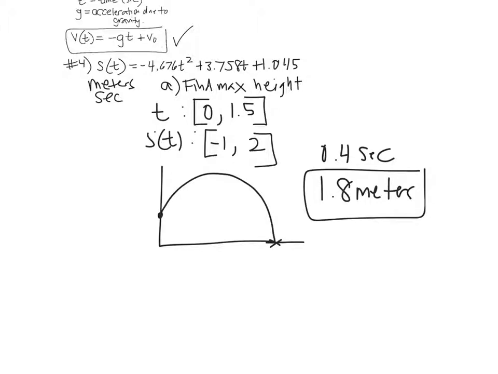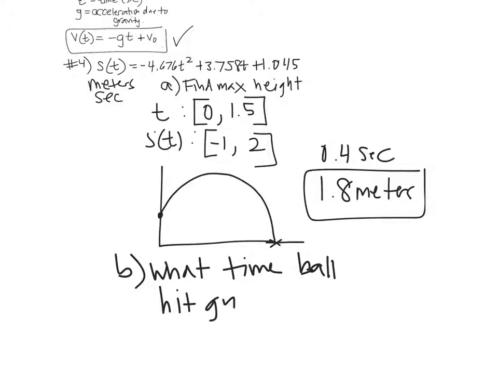Okay, part B. At what time did the ball hit the ground? Now, there's a couple ways to do this problem. You can use your calculator. We want to find out when y equals 0, when our height is 0.